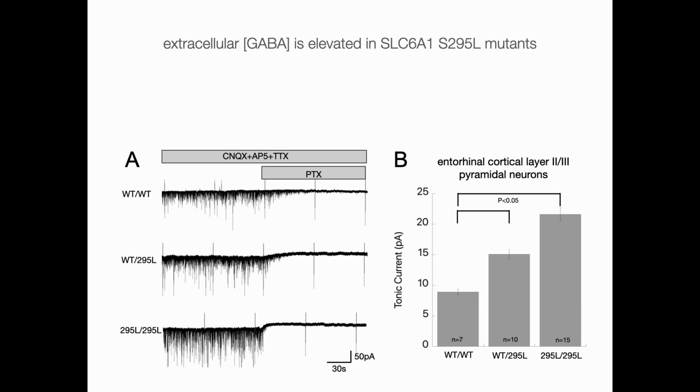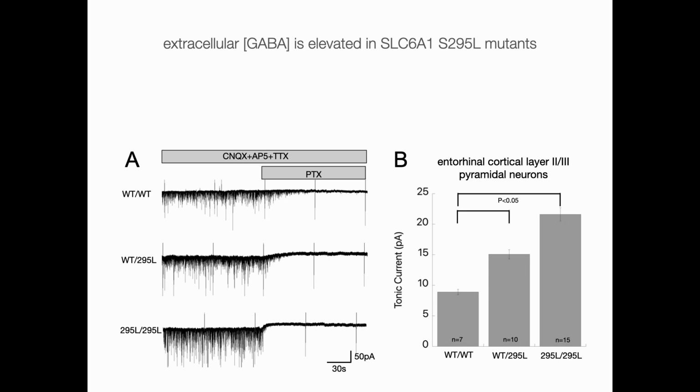The important thing about the figure on the right is that it shows GABA is increased from the wild-type animal on the left to the heterozygous to the homozygous. We can logically make some deductions about the effect of the SLC6A1 S295L mutation from this experiment.